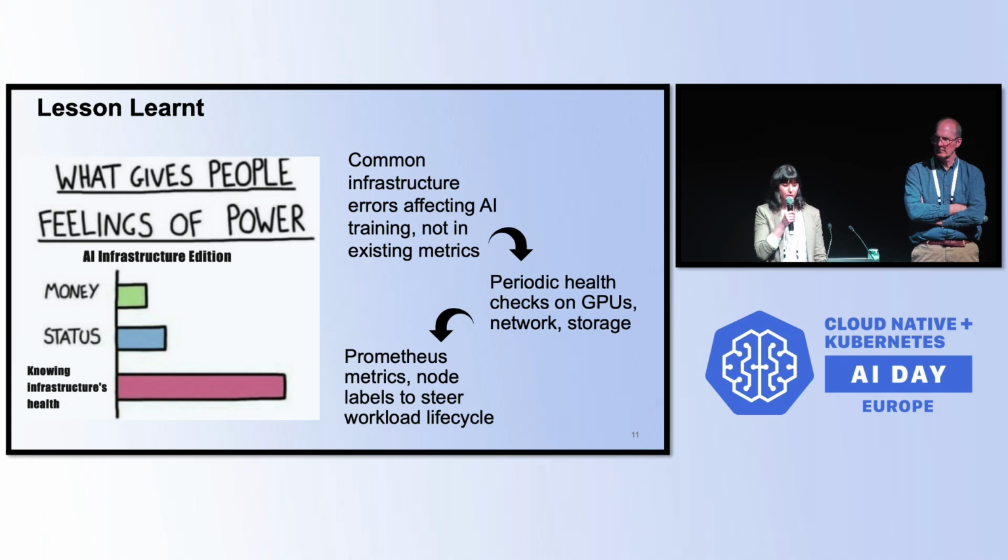We also decided to add an extra action, which is to label the nodes with the result of those tests, so that administrators could take action on the cluster if they wanted. And those labels are also the easiest way to have other tools steer the workload's lifecycle.